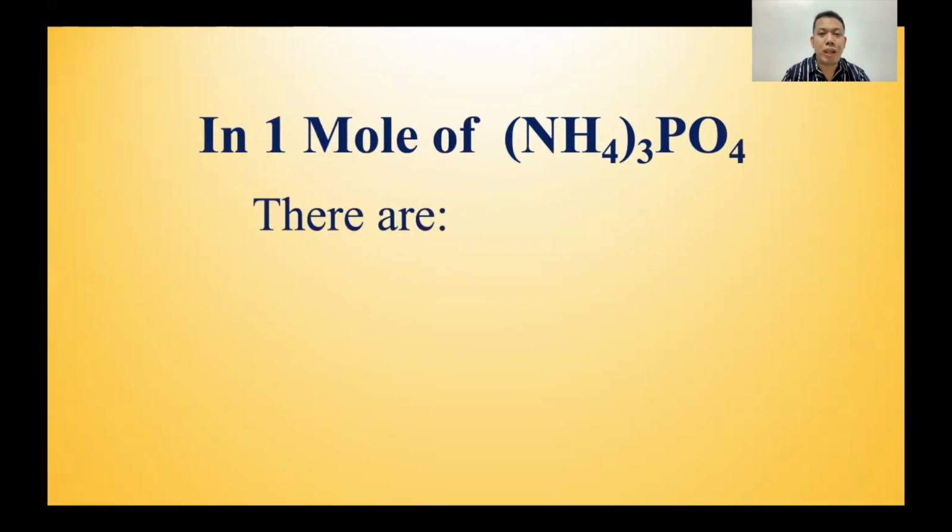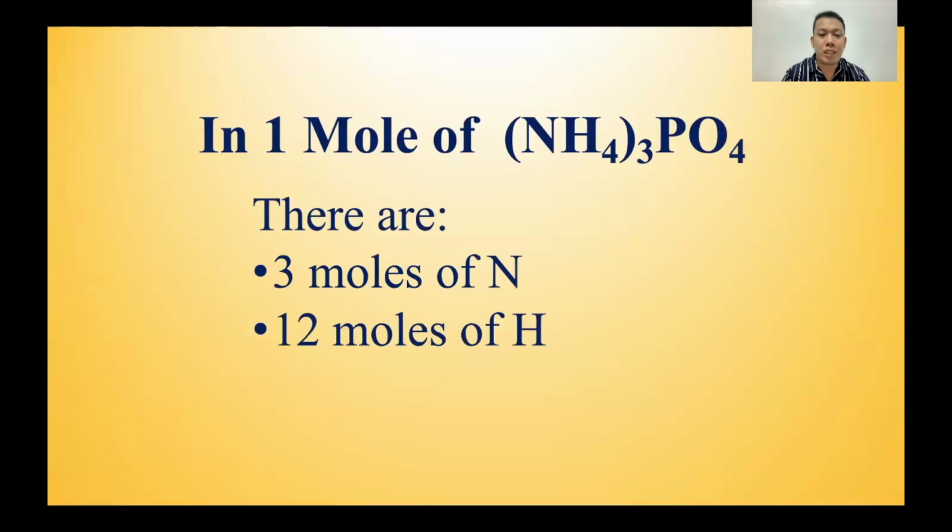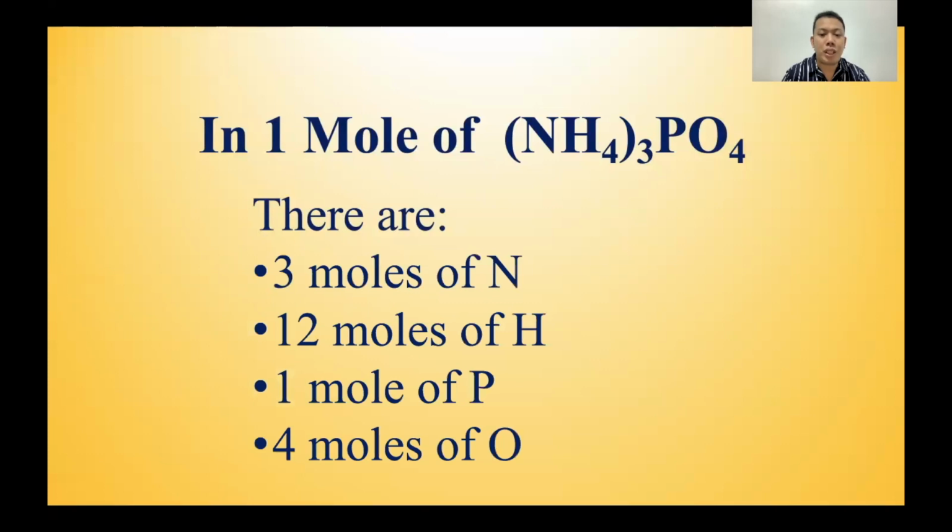So in 1 mole of ammonium phosphate, there are 3 moles of nitrogen, 12 moles of hydrogen, 1 mole of phosphorus, and 4 moles of oxygen. It is very essential that you know this because these are needed in the next discussion about stoichiometry.